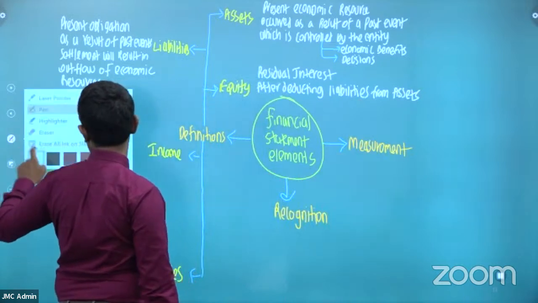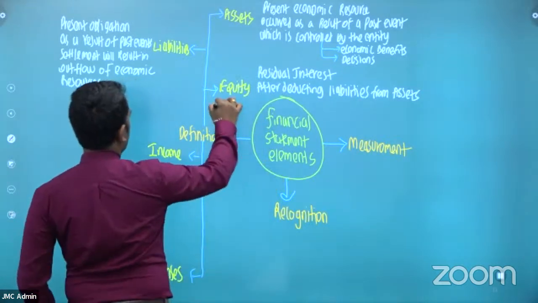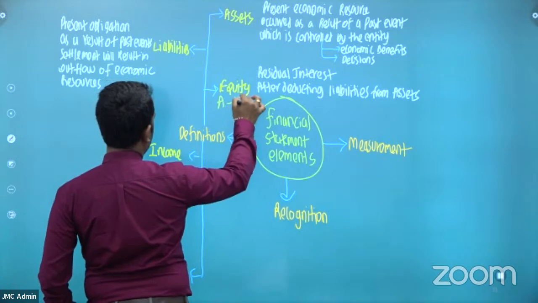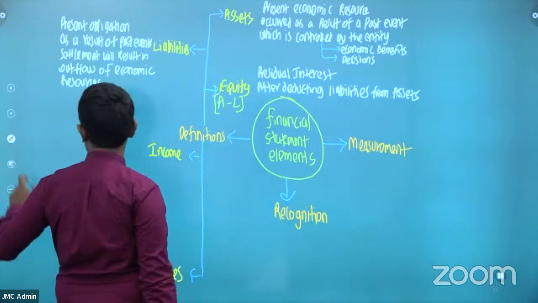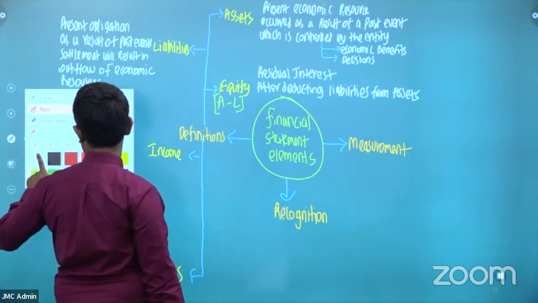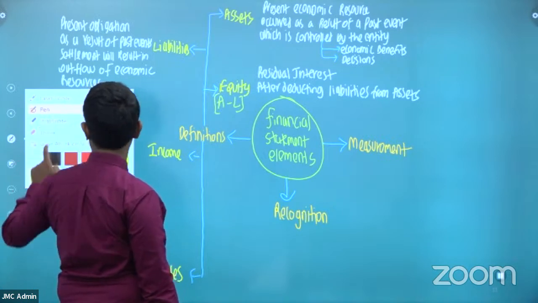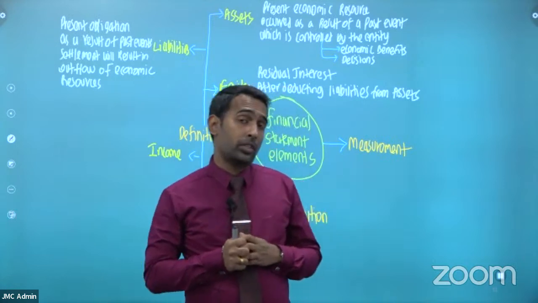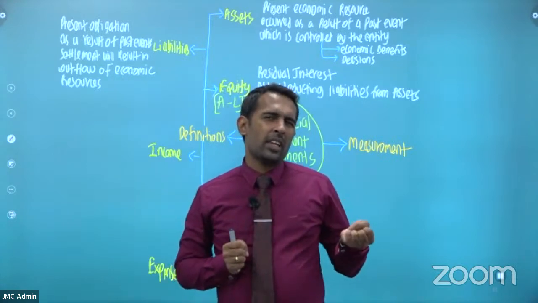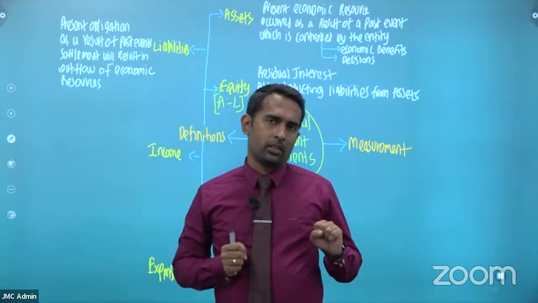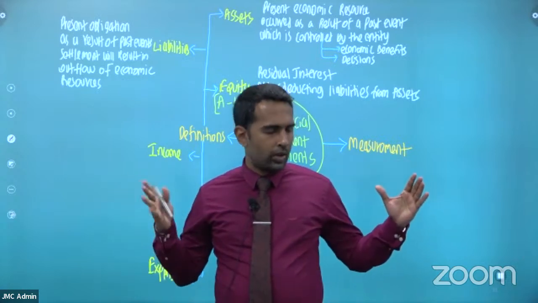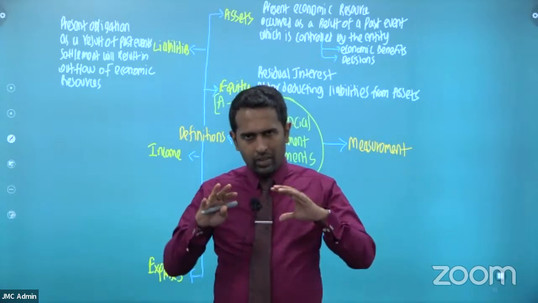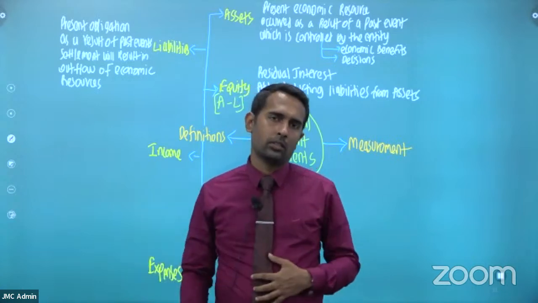Equity is, in other words, assets minus liabilities. Right? Okay, equity is a residual interest after deducting liabilities from assets. Now, from the assets, we have to deduct the liabilities. Whatever remaining belongs to the owners.